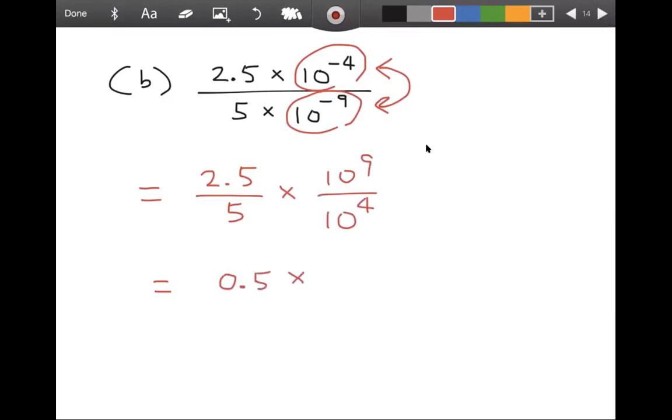And by the quotient rule, 10 to the 9 divided by 10 to the 4th is 10 to the 5th. Again, not correct scientific notation because 0.5 is not between 1 and 10, but it doesn't matter because we can just take that decimal point and move it 1, 2, 3, 4, 5, which gives us a final answer of 50,000.